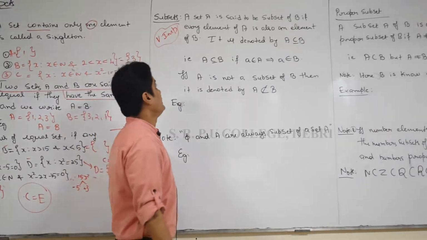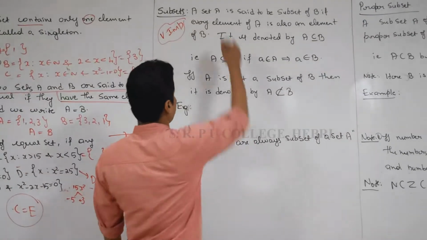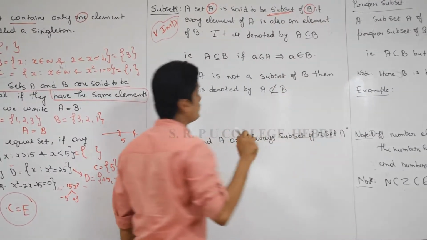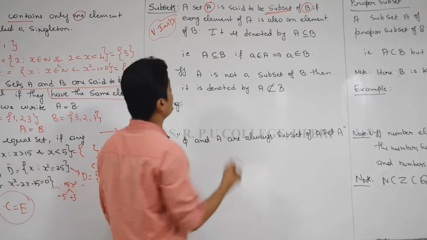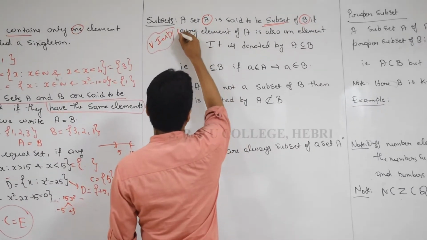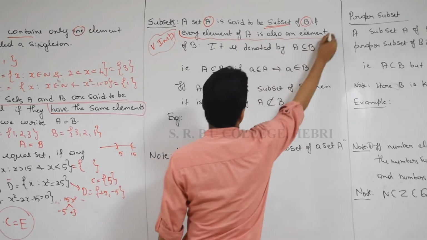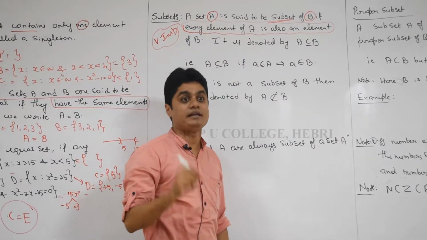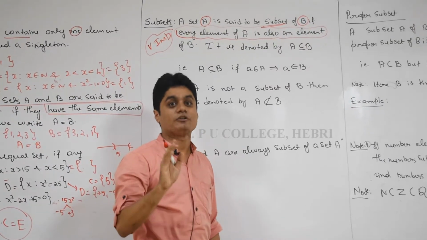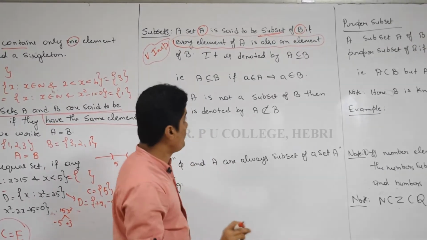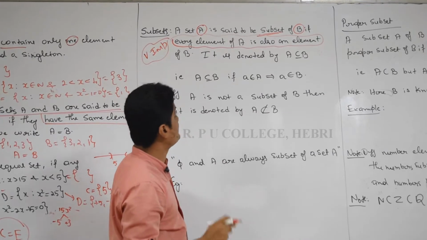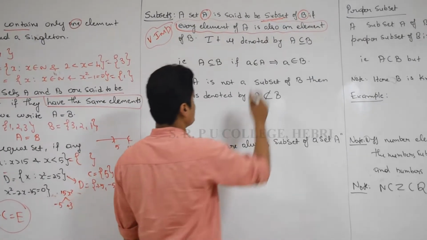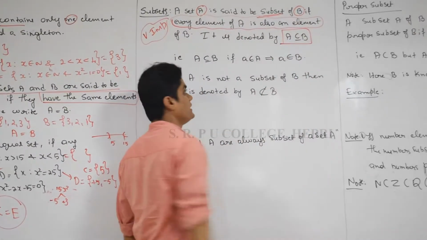Listen, a set A is called a subset of B if every element of A is also an element of B. Every element of A must be an element of B. Then A is called a subset of B.